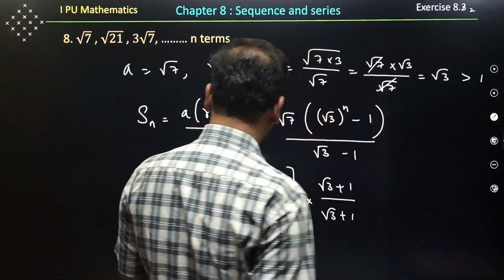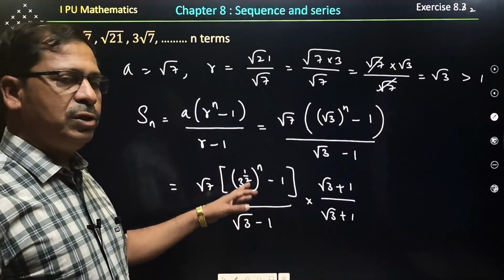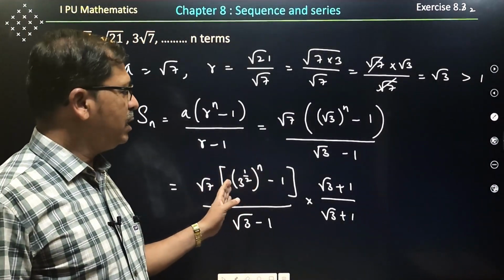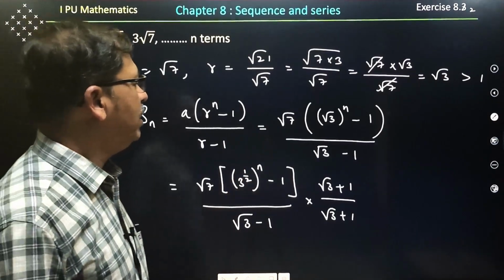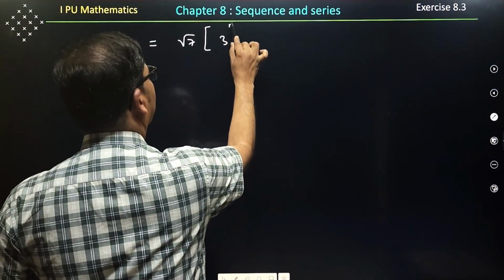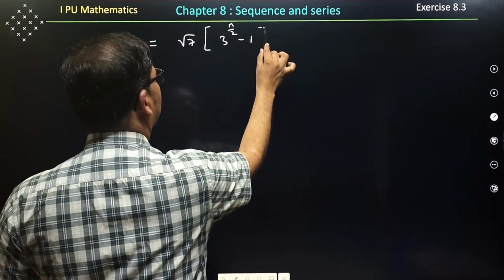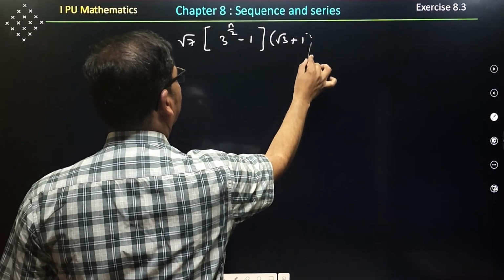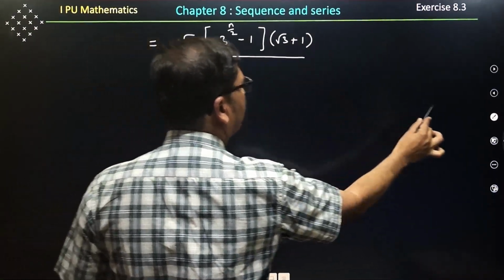What is there here? 3 to the power 1 by 2, which is raised to the power n. A to the power m, which is raised to the power n, means a raised to m into n. That is 3 raised to n by 2, and then minus 1 you write here. In another bracket, root 3 plus 1 you can write, root 3 plus 1 whole divided by.